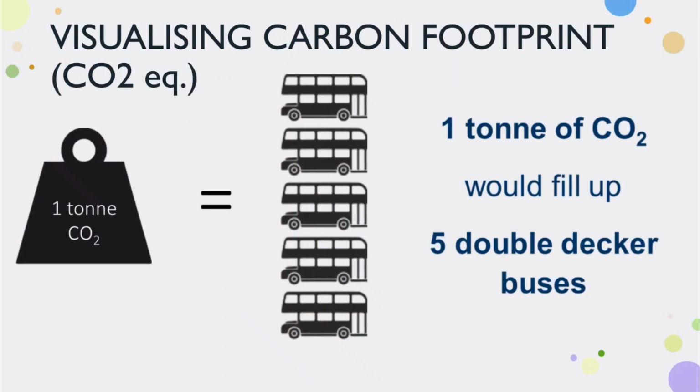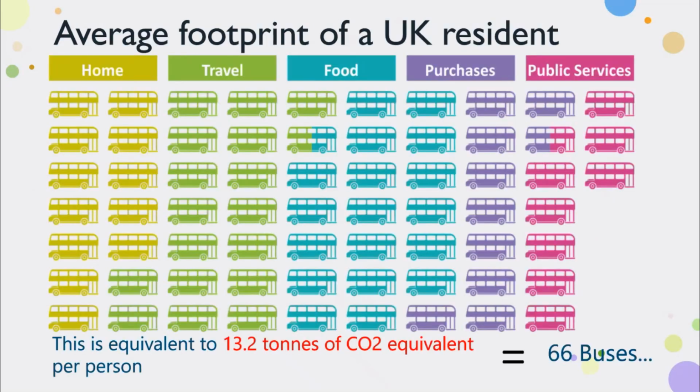To understand that, this is a simple analogy, an example. If you consider that 1 ton of CO2 can fill up 5 double-decker buses to the brim with carbon particles, that's 1 ton of CO2. We're actually consuming that many. Every single individual is consuming about 13.2 tons of CO2 equivalent every single year.